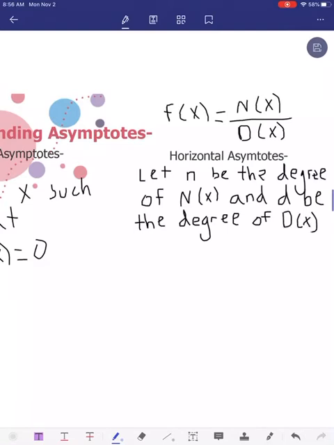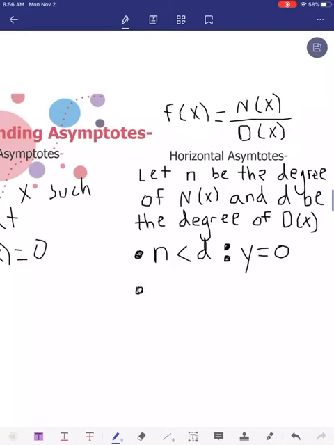Basically, we're going to have three different options. Our first option is if n, or the degree of the top, is less than the degree of the bottom, our horizontal asymptote is going to be y equals 0.